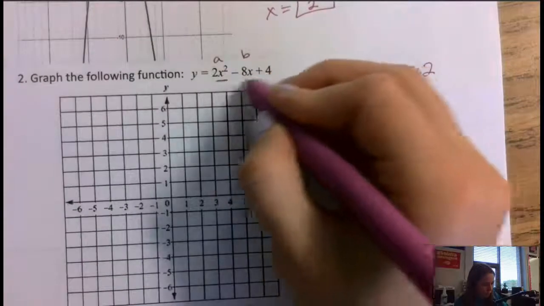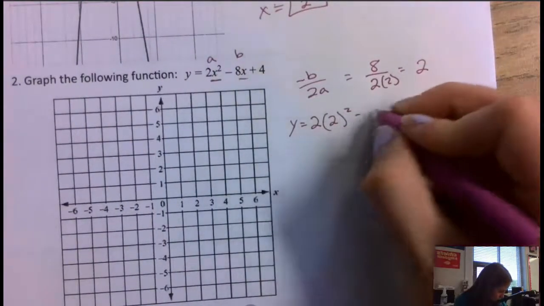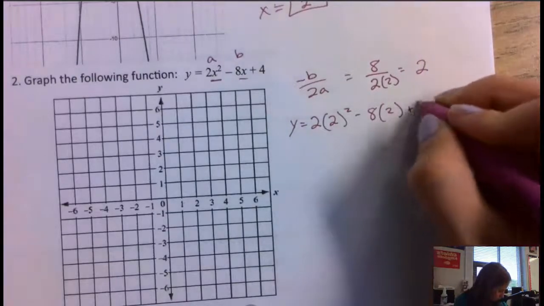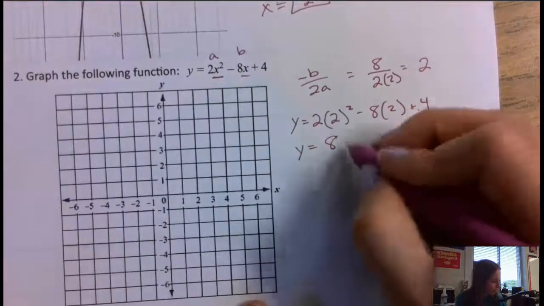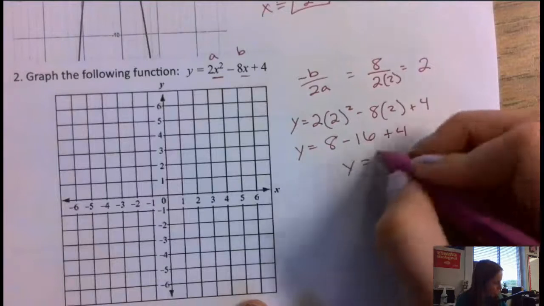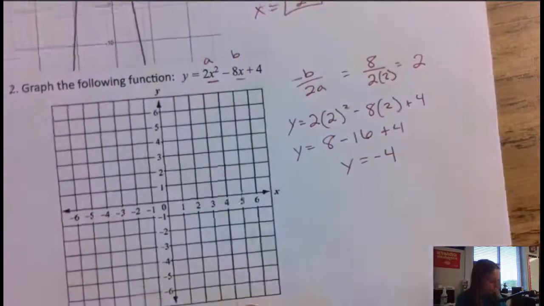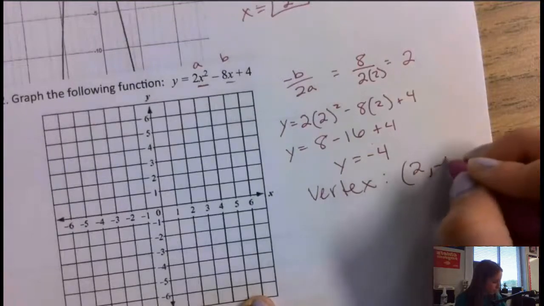Plug in 2 for x to find y. So we end up with y equals 8 minus 16 plus 4. So our y value would then be -4. So the vertex is 2, -4.